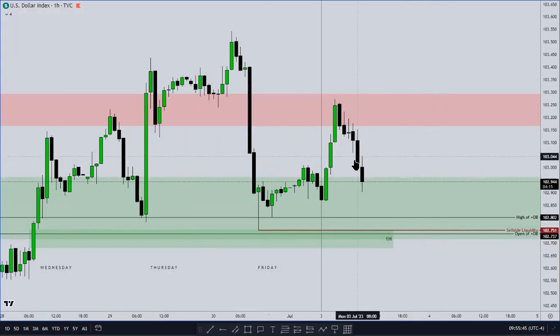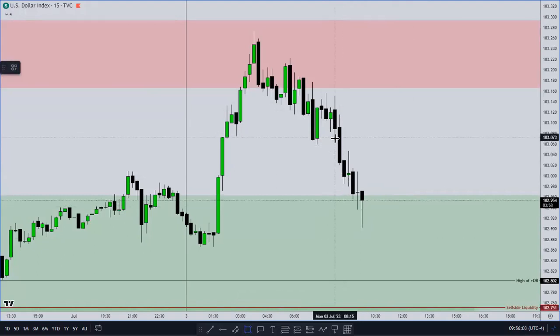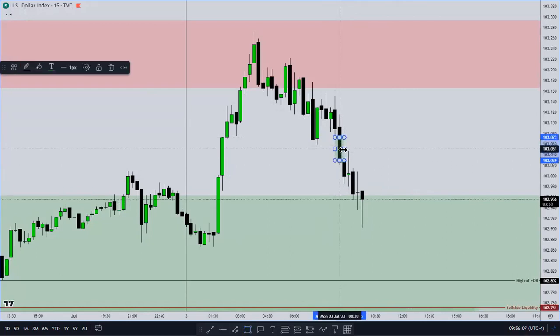We have a small little fair value gap here. Let's go to the 15-minute. Again, I think we can retrace up to this fair value gap. And with this, we can move lower.